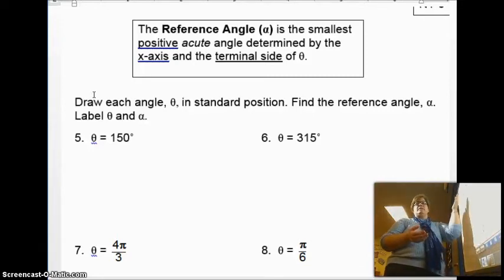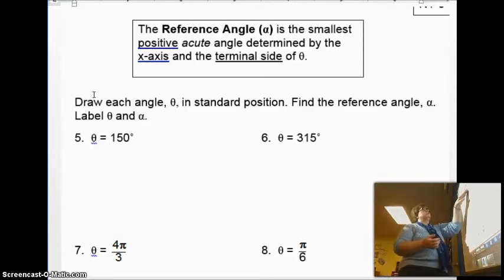Back to the very beginning where we had 30, 360, negative 330, all those. 30 would be the reference angle because of the x-axis and then the terminal side. So we'd be starting here at the x-axis.